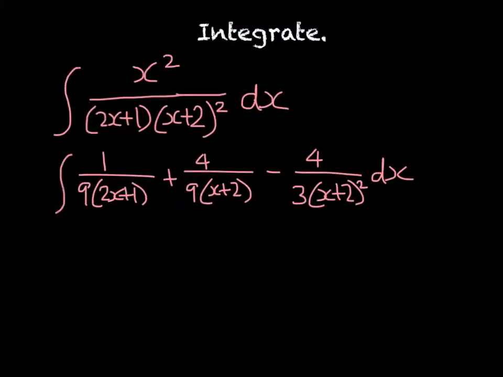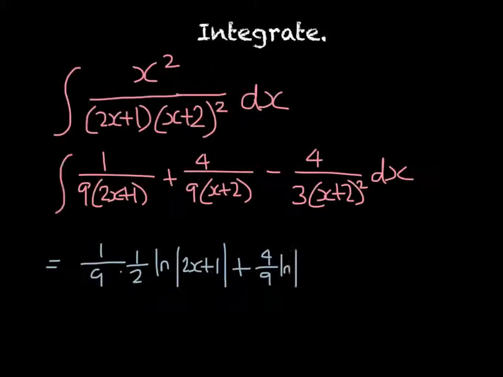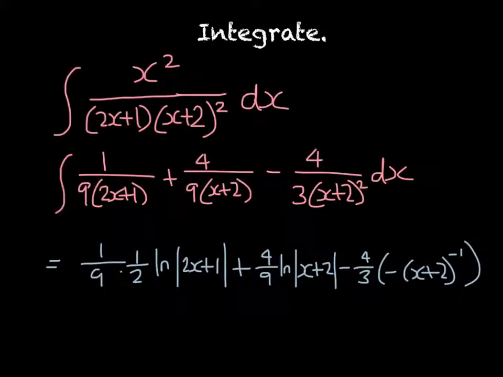And at this point now we have it in a form that we can easily integrate. So we'll just write this, and it's now going to be 1/9 times 1/2 ln of 2x plus 1 plus 4/9 times the ln of x plus 2 minus 4/3 times negative x plus 2 to the power of negative 1, using the power rule there.